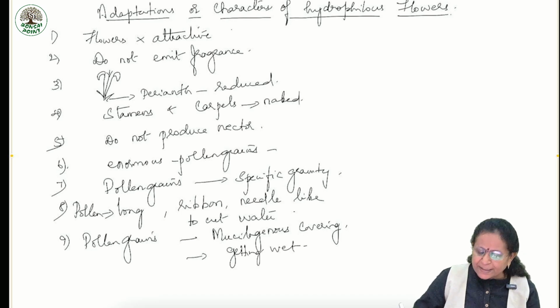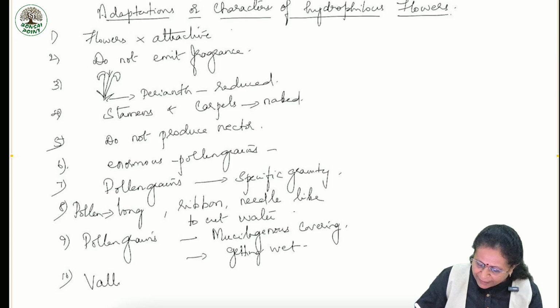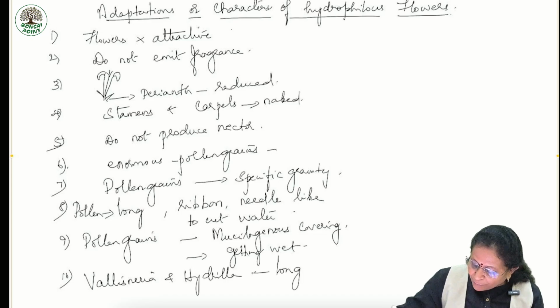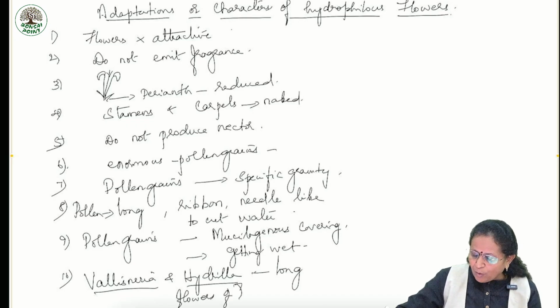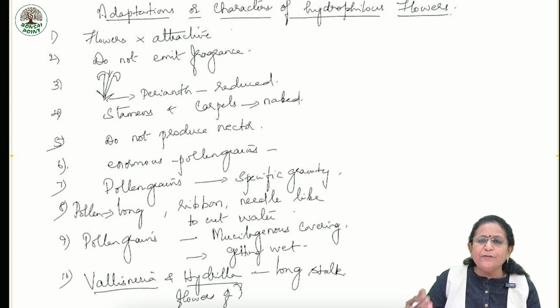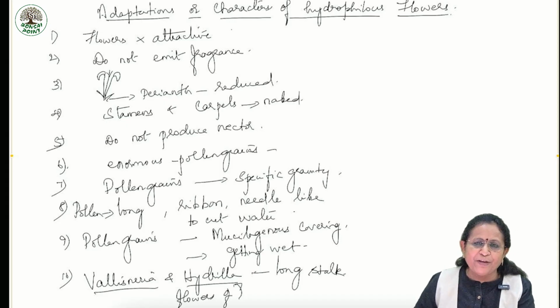A very common example is Vallisneria and Hydrilla, which are freshwater plants. The flowers of Vallisneria and Hydrilla have long stalks so that they can easily emerge and float on the water surface.